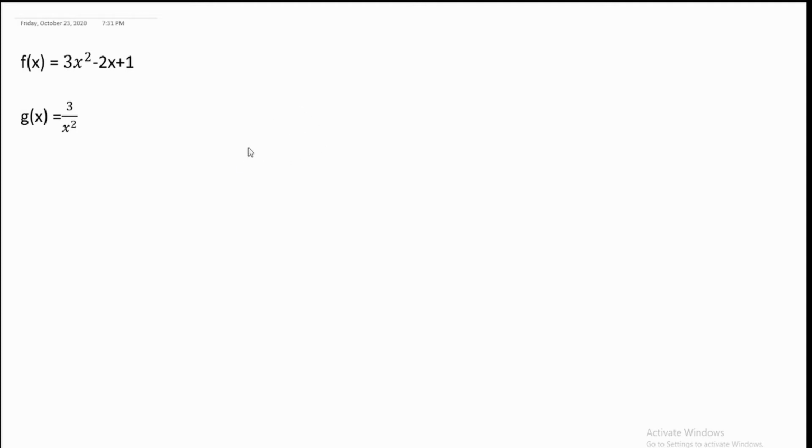So let's just start. First, we have addition. When you think of addition, it's pretty simple, right? We have f of x plus g of x. And so what we do, we simply just add these things together. I will not be combining them together with common denominators.